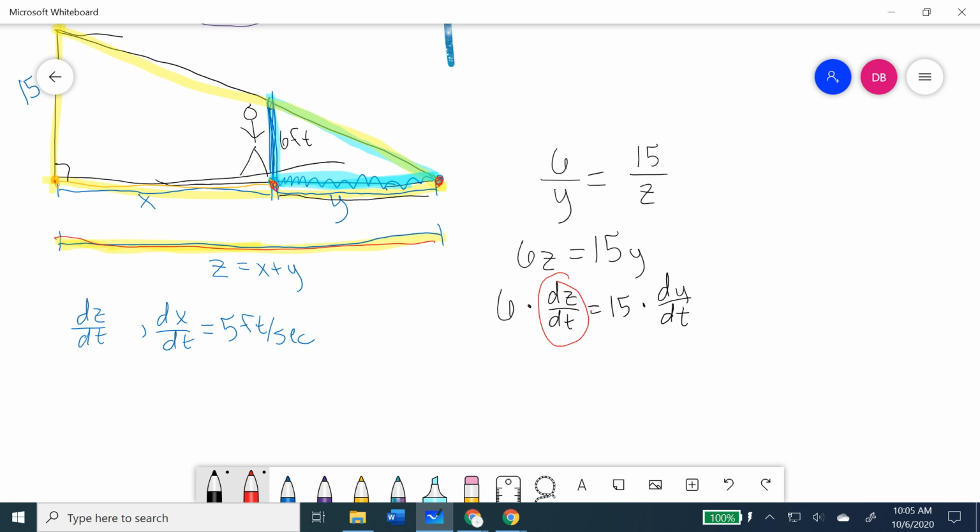So what I'm doing today is I'm just trying to present the problem in a slightly different way than I did yesterday to see if that helps. So I'm going to put 6 times, and then dz/dt, again, is the sum dx/dt plus dy/dt.